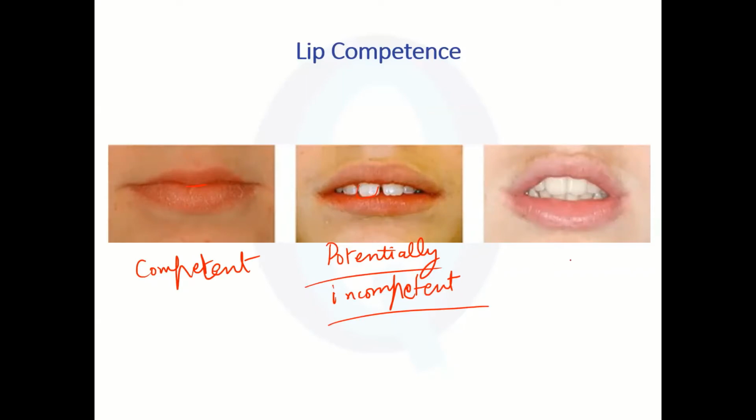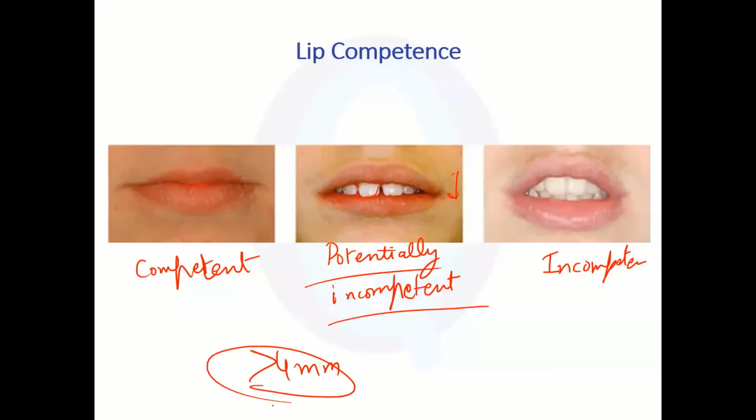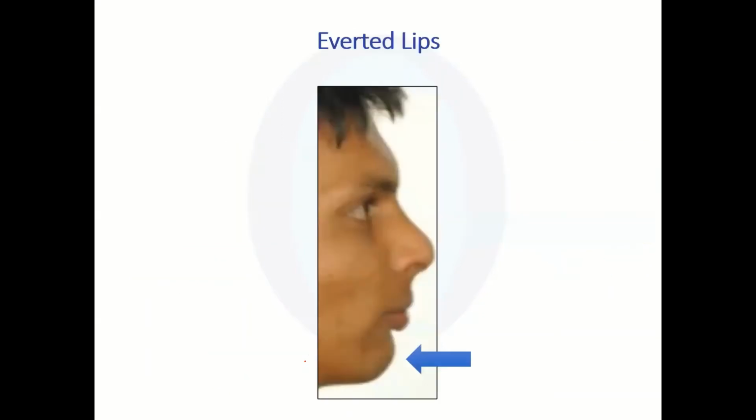The term is not correct, but still, just remember it like this. And if teeth are not the reason, then they are incompetent. So what is the distance? That is more than 4 mm. If the distance at rest is more than 4 mm, then you call it lip incompetence.